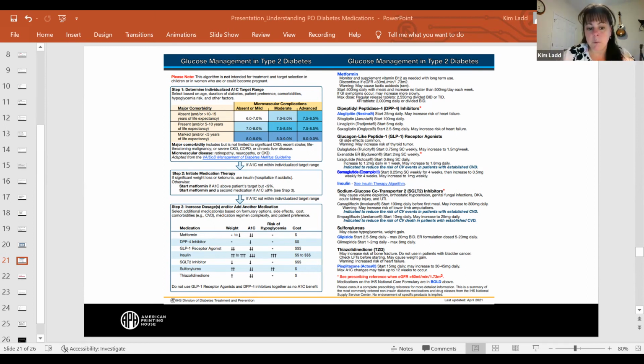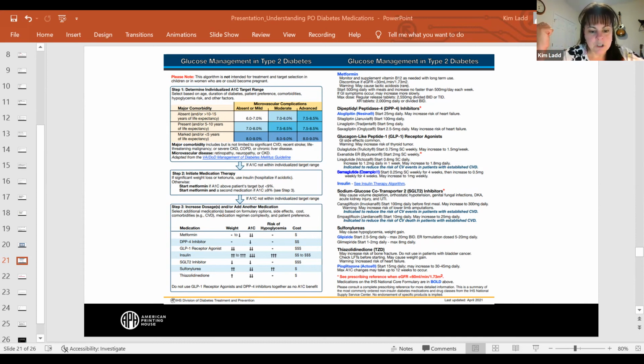So metformin, they always start you on. And then this little algorithm gives the doctors a clue. It says, if the metformin alone is not keeping the A1C below 9 or in range, then you can add another medication. So it gives this little box and it says, like, the DPP-4 inhibitor.